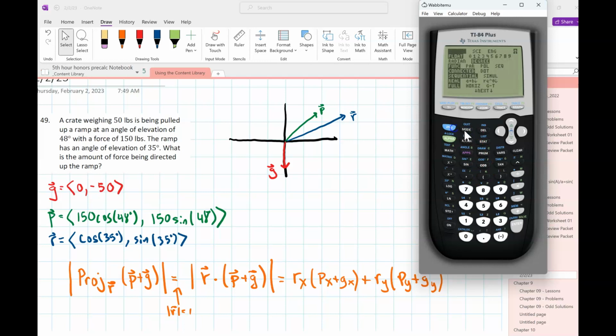Make sure that I'm in degree mode still. Good. So cosine 35 times, and then I have 150 cosine 48 plus 0, and then plus Ry, which is sine 35, times, and then we have Py, which is 150 sine 48, plus, and then Gy, which is negative 50.